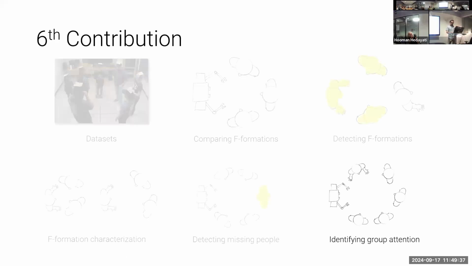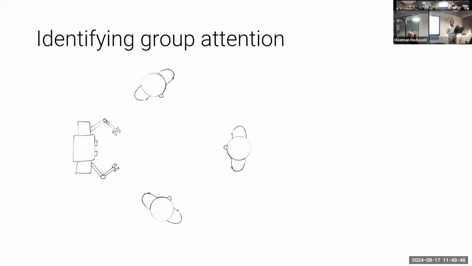And the last project that I'm going to show in this set of projects is identifying the focus of attention. Focus of attention is most of the time the person who is talking in the group.